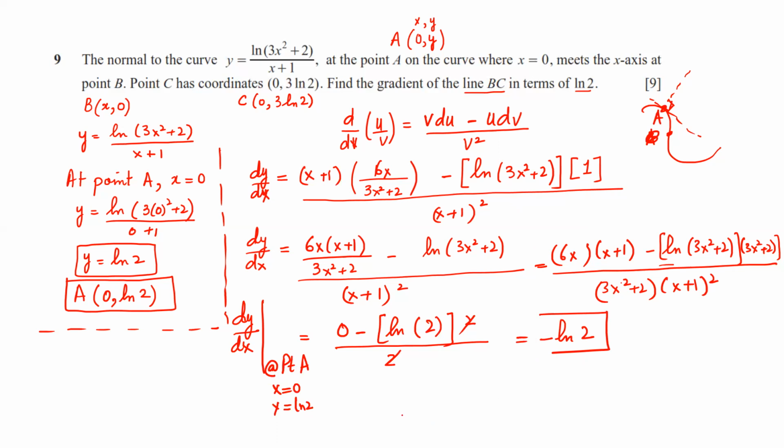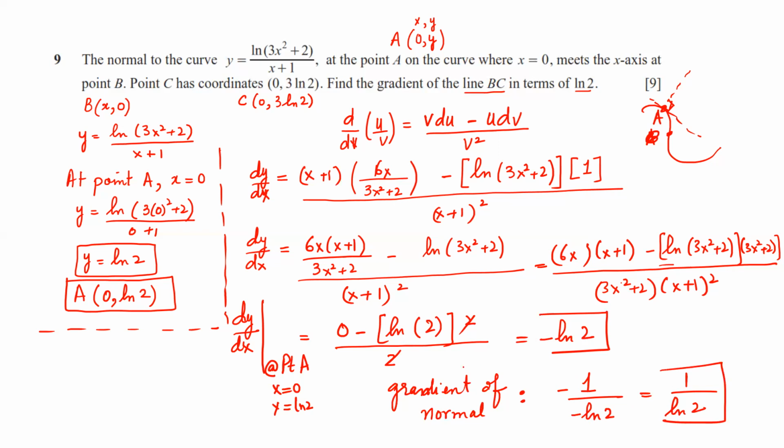So now the gradient of normal, remember, is the inverse of this with a minus sign: minus 1 divided by the value of dy by dx, which is minus ln of 2. This comes out to be 1 over ln of 2, and this is the gradient of the normal line passing through this point.